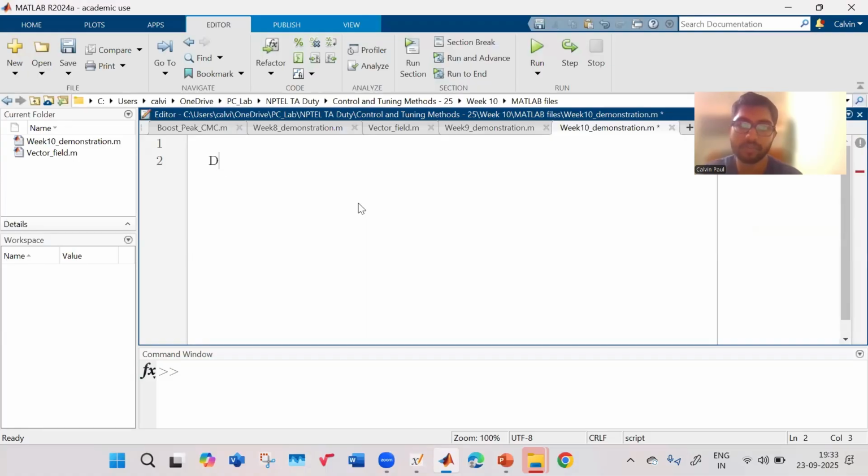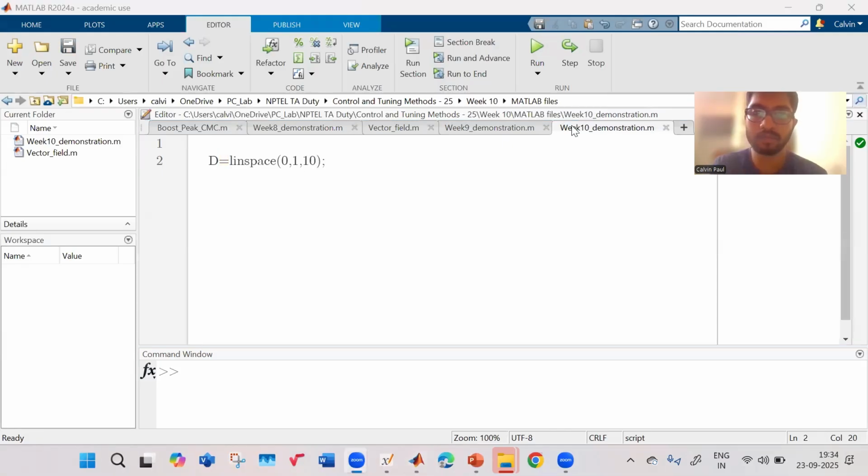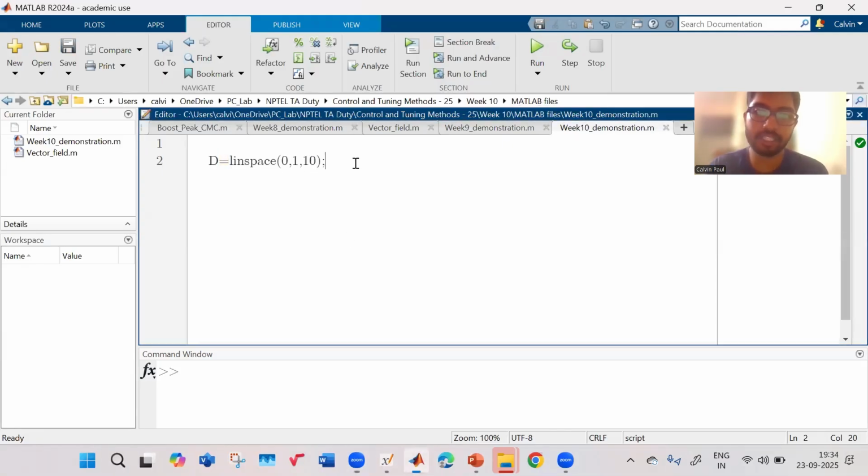Let us just check this formula. So D can go from 0 to 1. Let us say D is changing.